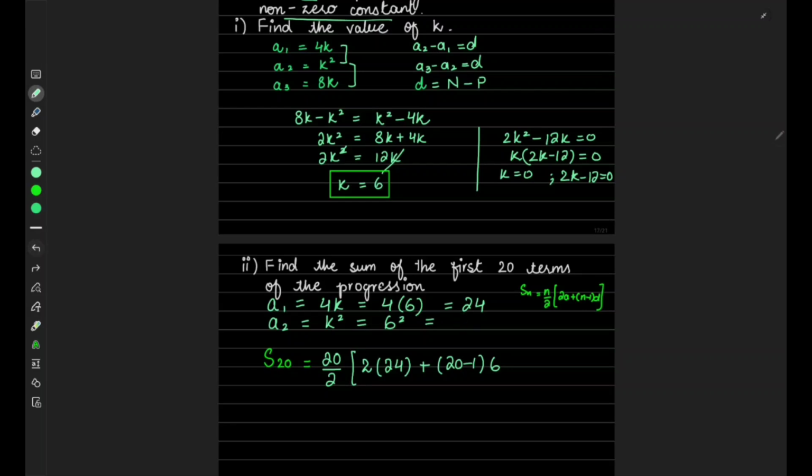So your common difference would be 36 minus 24. Sorry, 36 minus 24 is 12. Okay, so your D is 12. N over 2, 2A plus N minus 1 times D. And D is 12.